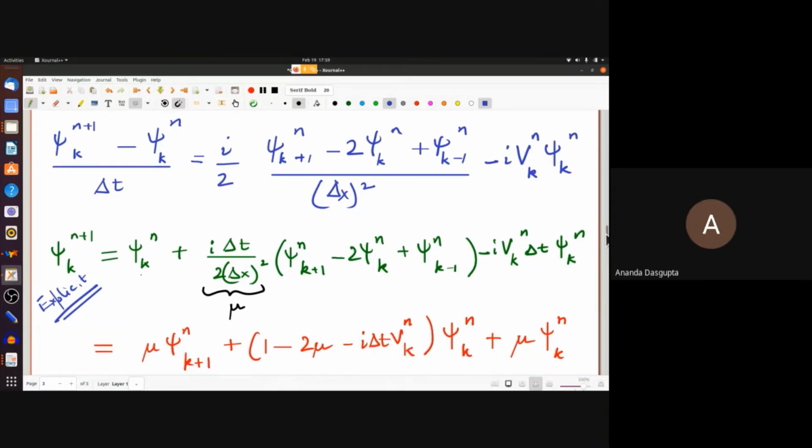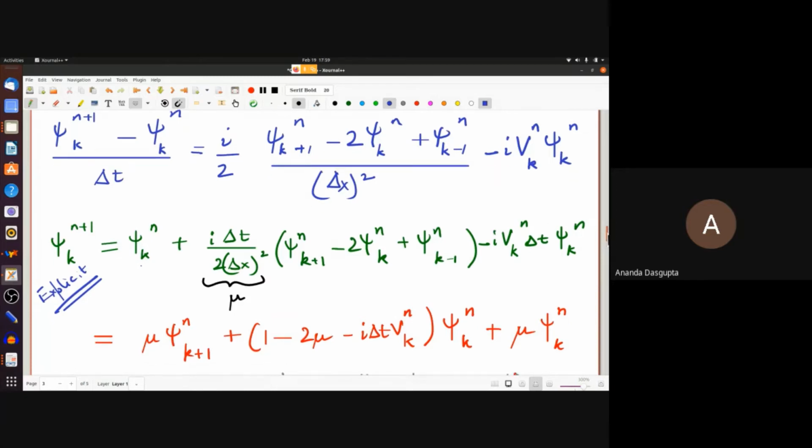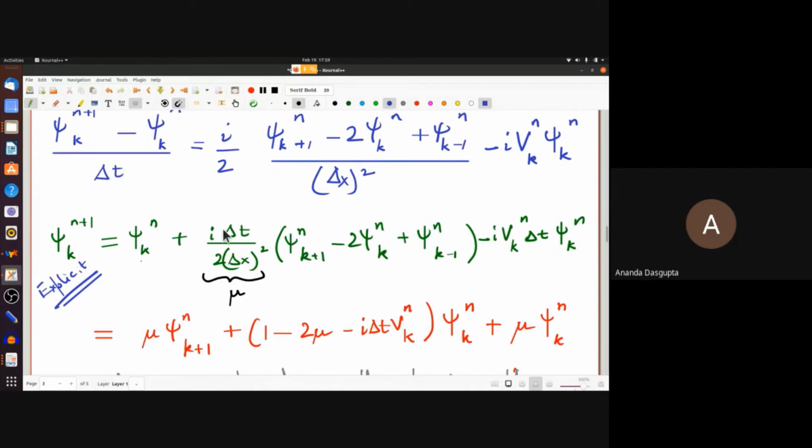Since it's going to be more complicated soon, let me just rewrite this a bit. I'm going to call this parameter, i delta t by twice delta x whole square, which is going to come in over and over again, mu.